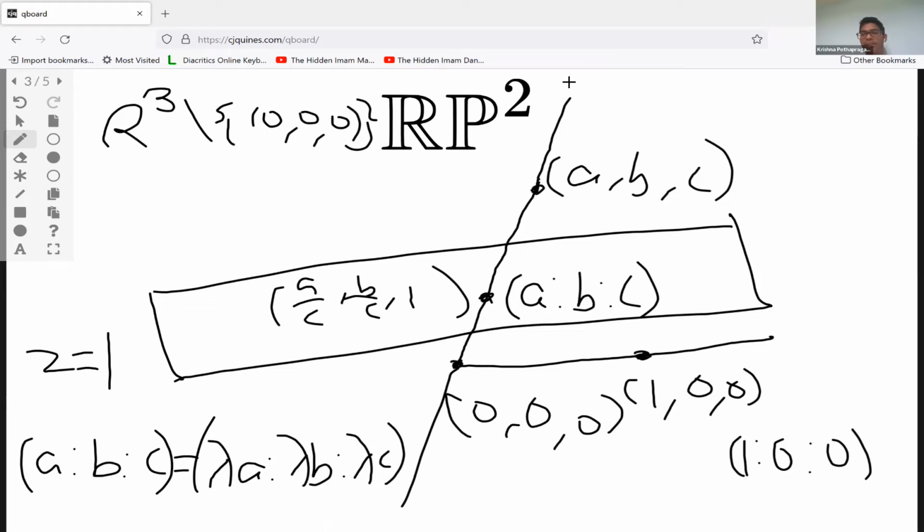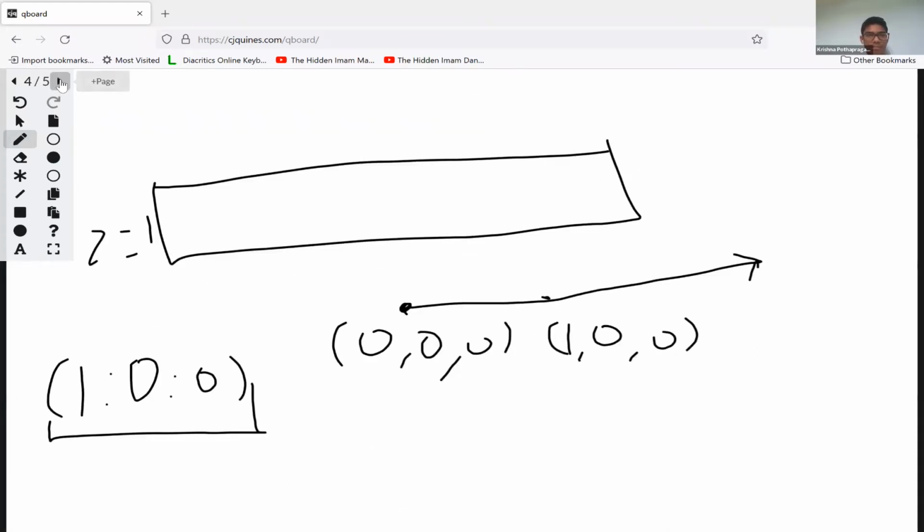So everything in 3D gets smushed to 2D, and everything on the plane z equals 0 gets smushed to a point at infinity, and all of them form the line at infinity.